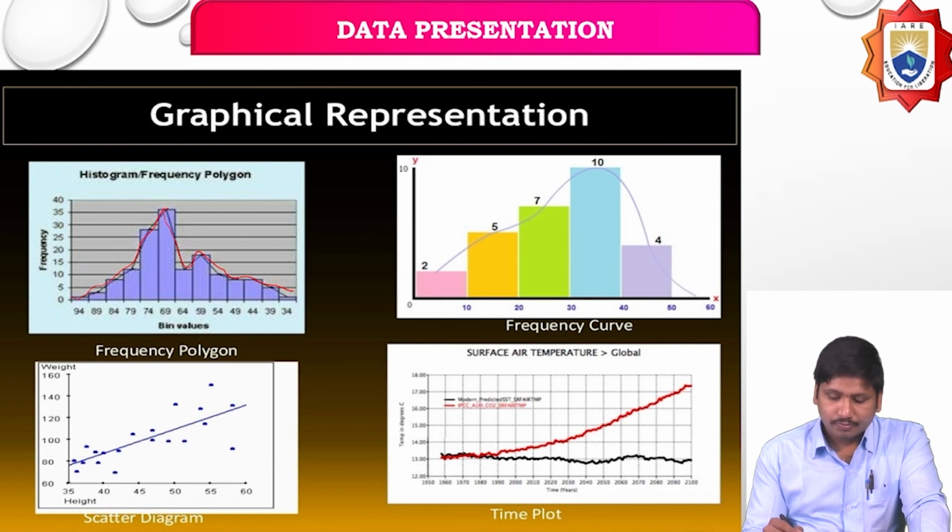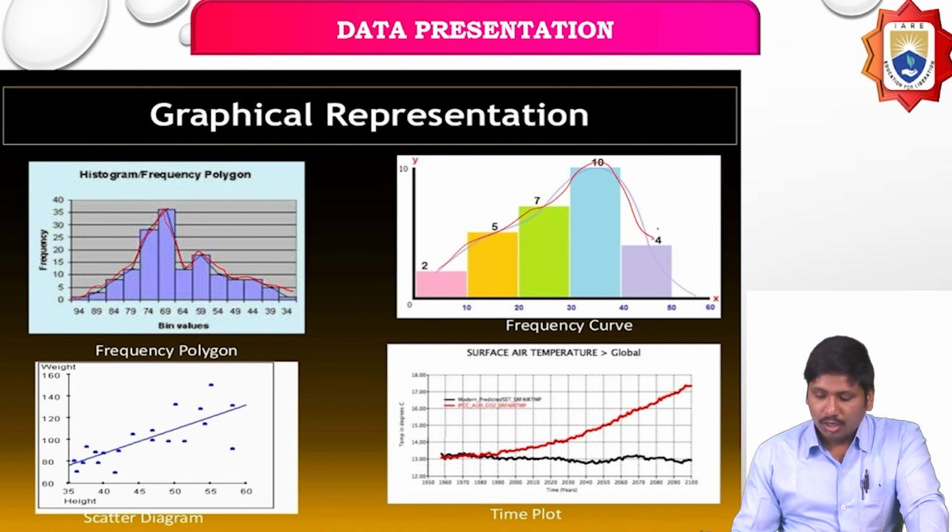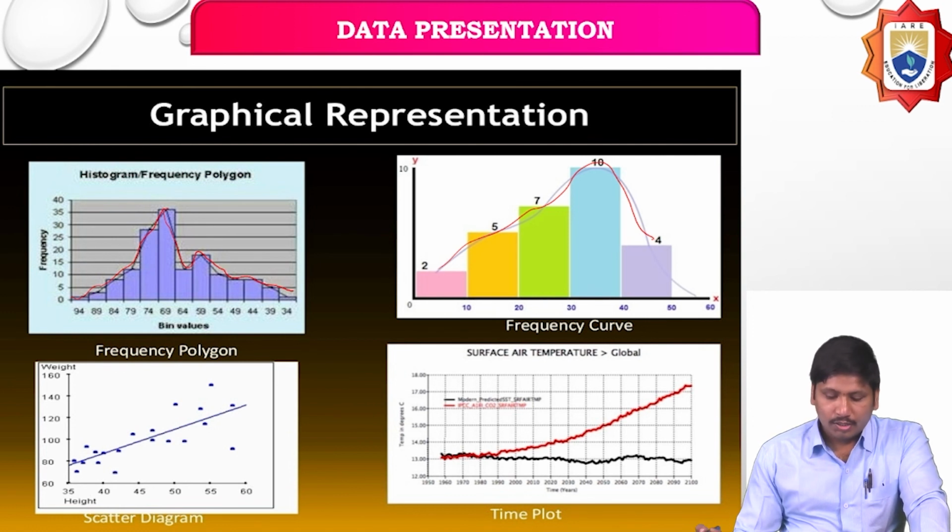Similarly, if the values I am noting are joined along with the values, that is considered a frequency curve. The second one is the scatter diagram, where I can represent the values in the form of dots.